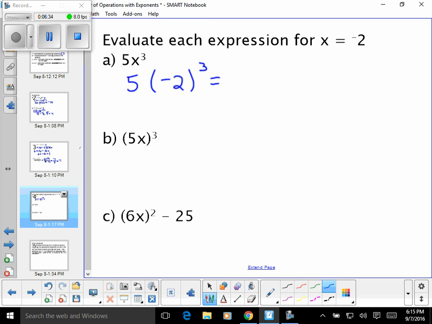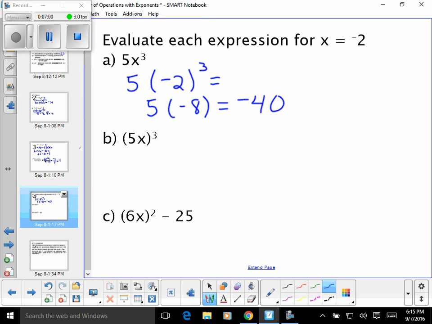Remember, when the negative is inside the parentheses, that means you need to take a negative integer. So negative 2 times negative 2 is 4, times negative 2 is negative 8. That means we are going to have 5 times negative 8, which will then equal negative 40.